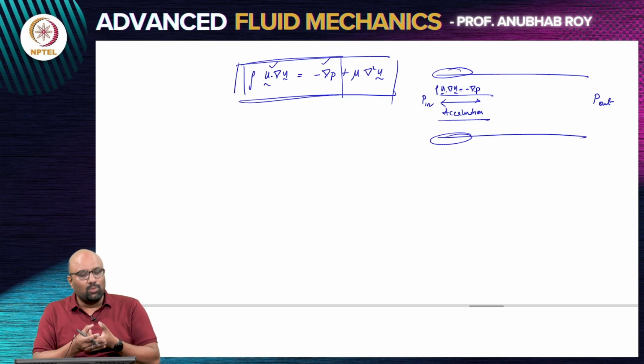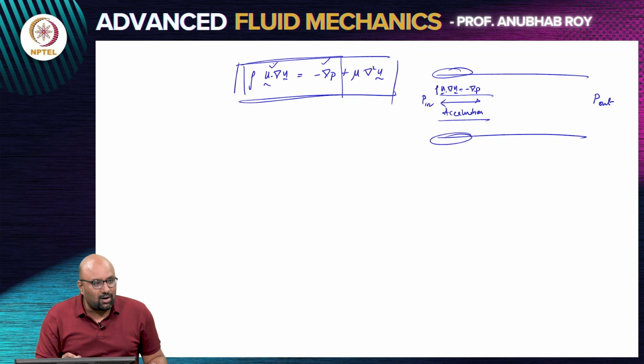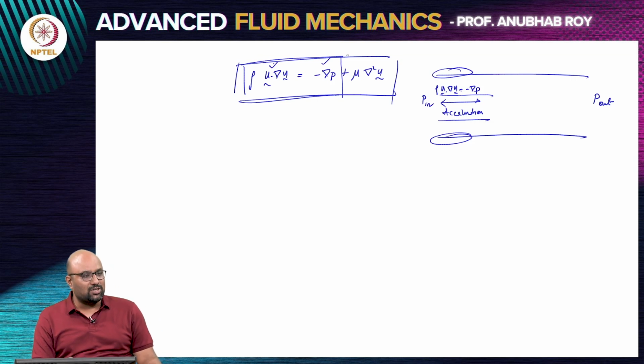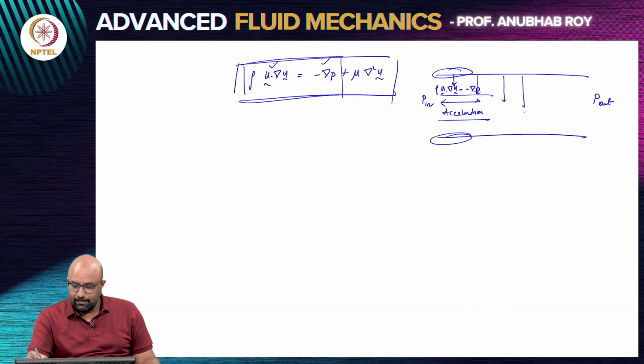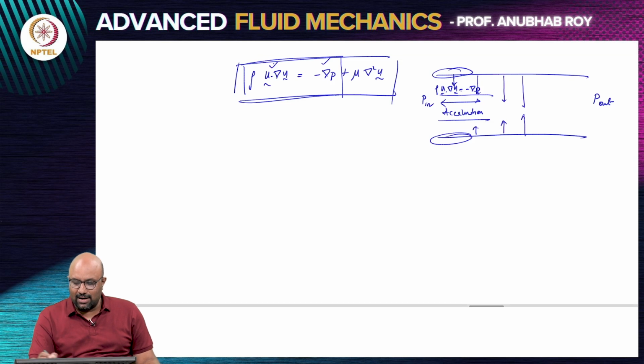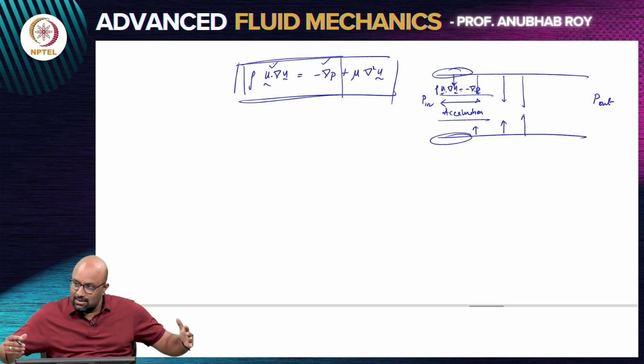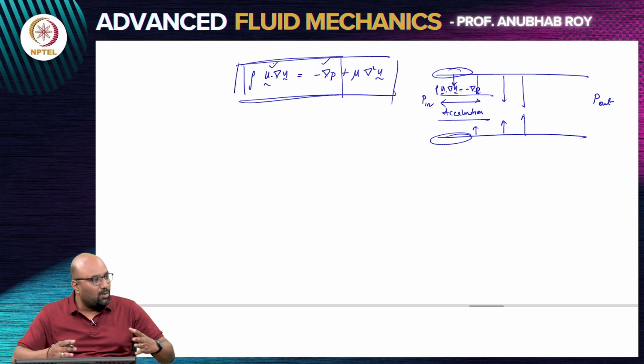So it is going to move as if it is governed purely by inertial effects and pressure gradient. And then gradually the information of the wall is going to percolate. The fact that there is a wall is creating diffusion of momentum.